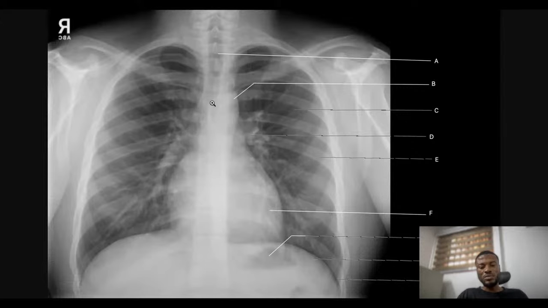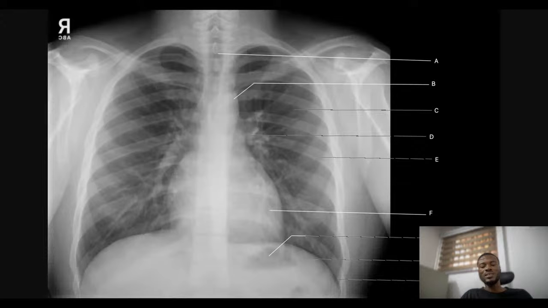Then we have the left main bronchus, which bends and is less patent compared to the right. The right is so patent, right from the trachea you enter the right. But for the left, it gives some curvature and then enters the left lung.